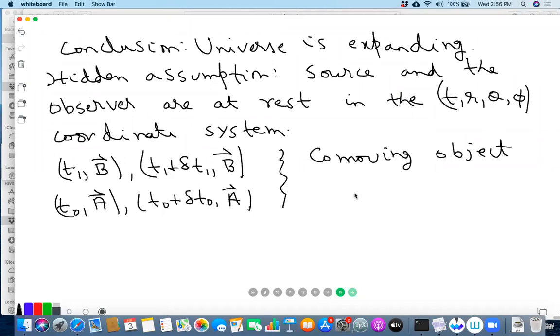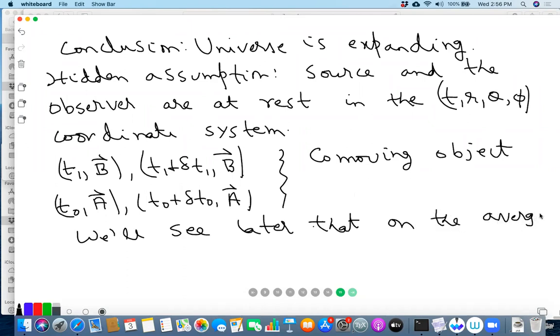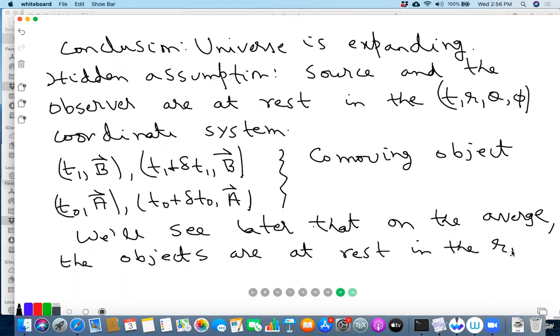And we'll see later that, on the average, the objects are at rest in the t, r, theta, phi coordinate system.